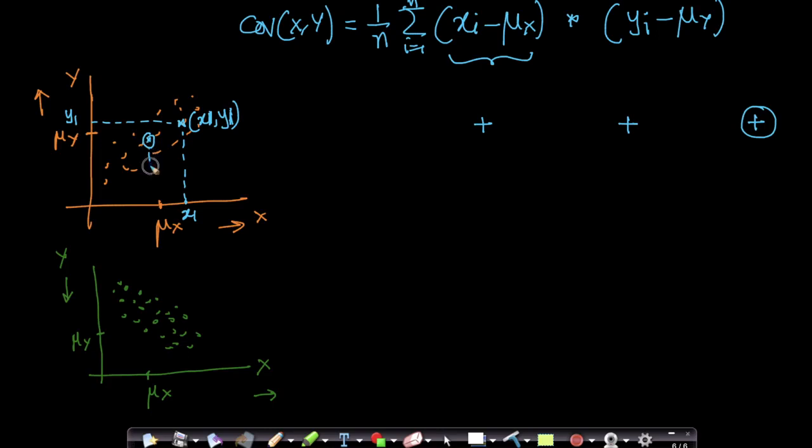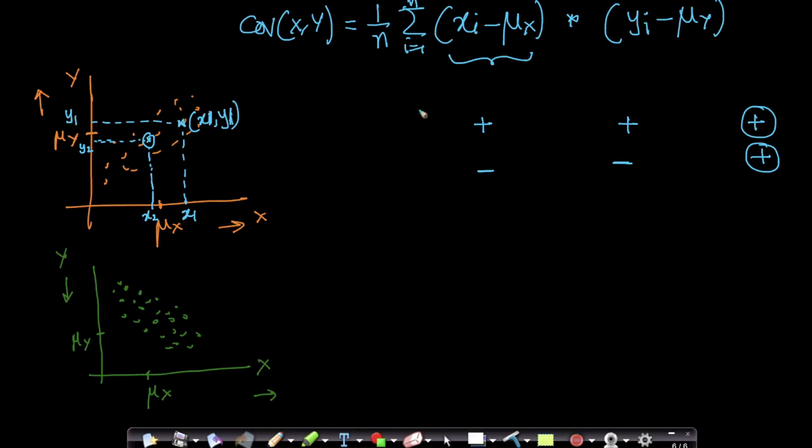Let's assume my x2 is slightly less than my mu of x and it's slightly less than my mu of y. Let's assume this is my x2 and this is my y2. So what happens to my x2 minus mu of x? It's negative. What about my y2 minus mu of y? It's also negative. So negative multiplied by negative will be positive.